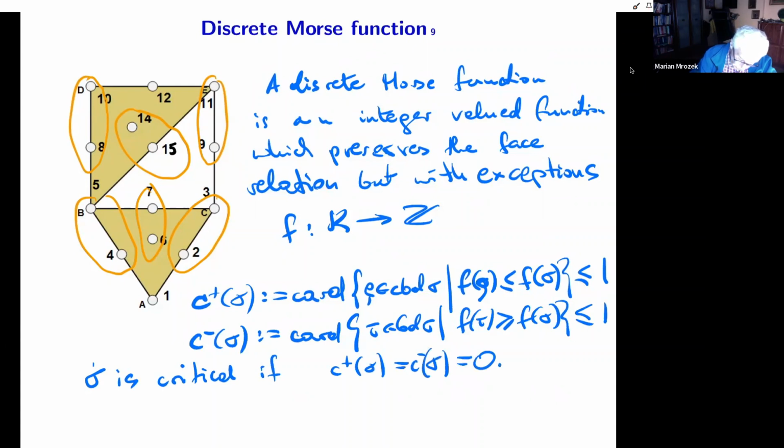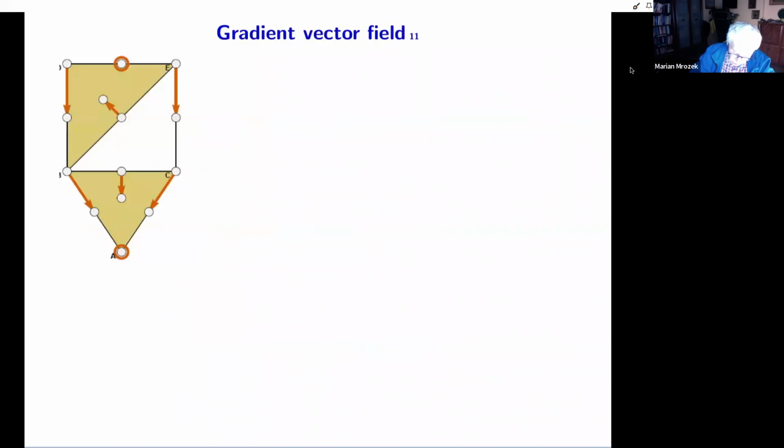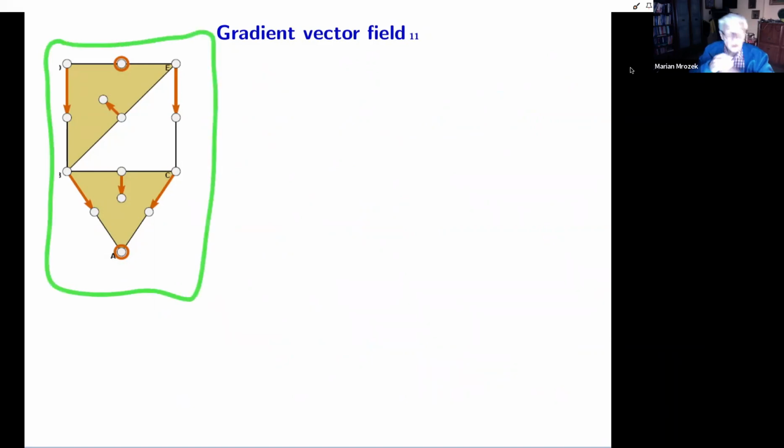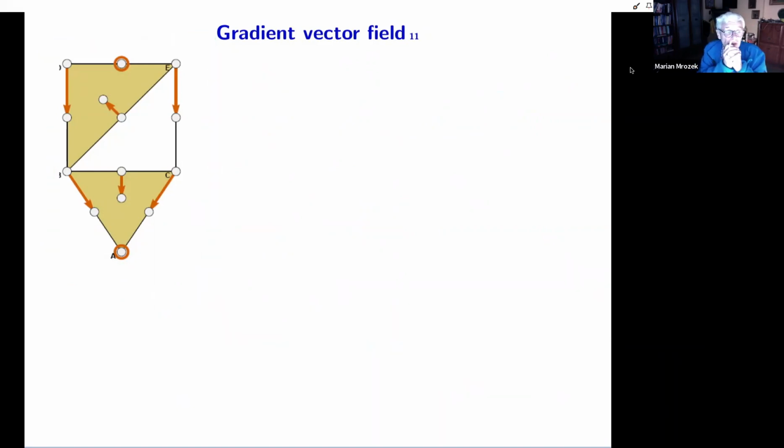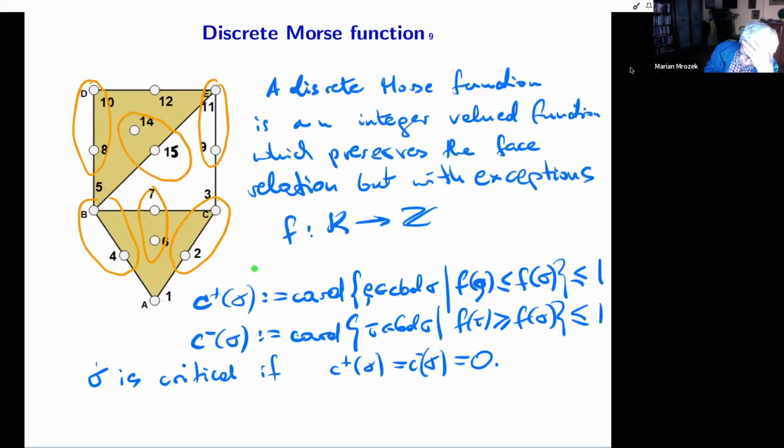So actually you can check that here we have no exception and also here we have no exception, but everything else belongs to precisely one exception. So you can redraw this again, with all these exceptions, as a combinatorial vector field. And of course, you have to prove something, because it's not immediate from this definition of exceptions that you get a partition.